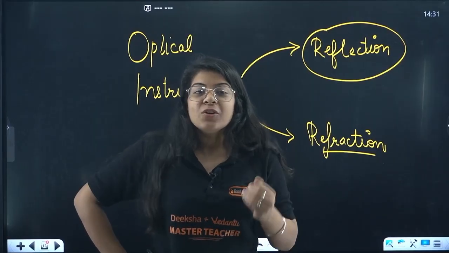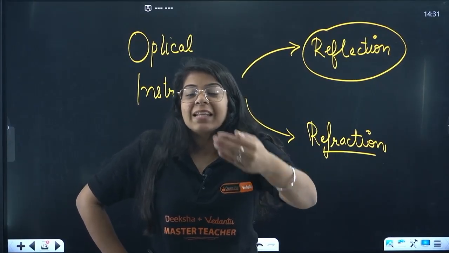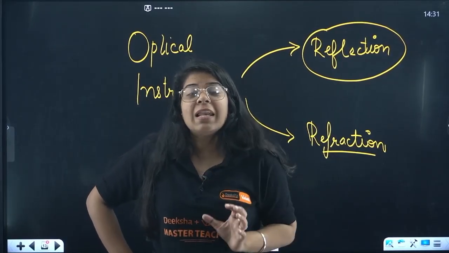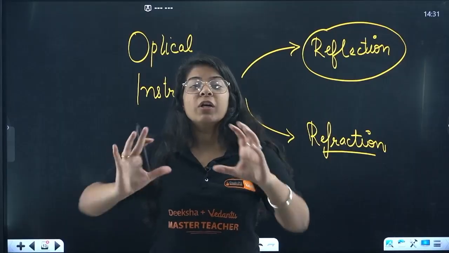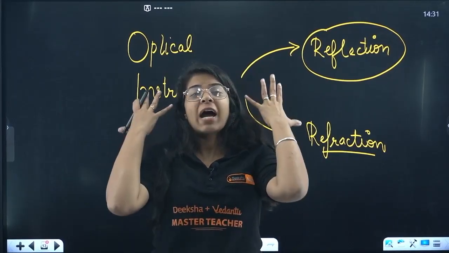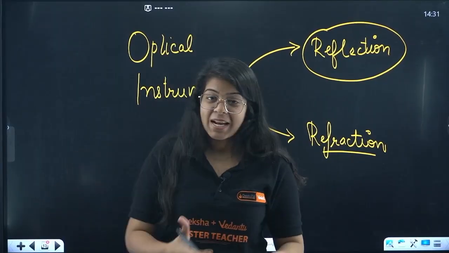So where do you do that? You have a mirror, and that mirror is reflecting your image. The light rays from you are going into the mirror, and then from the mirror all the light rays are coming and hitting your eyes, and hence you can see the image in the mirror, right?